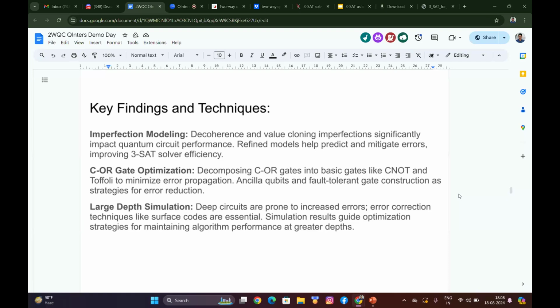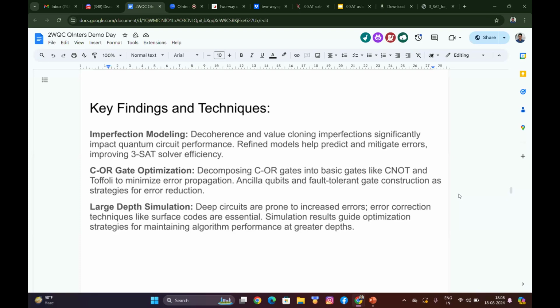After that, we consider gate optimization. We decompose the gates into further basic gates like CNOT and Pauli to minimize propagation. Furthermore, we can include ancillary qubits and fault-tolerant gates to help reduce the errors.